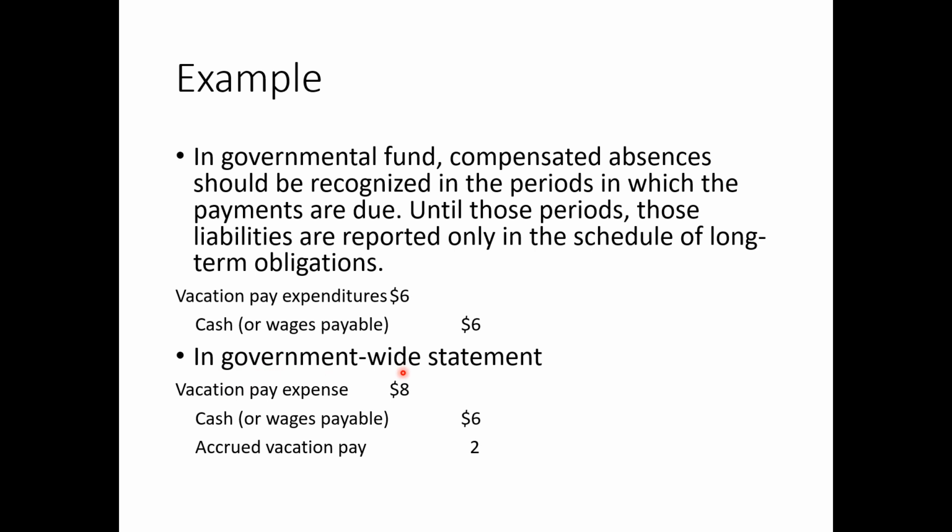But in the government-wide statement, which follows full accrual basis accounting, the $2 million will be accrued. The total expense will be $8 million, and the $2 million will be recognized as a liability. That's a difference.